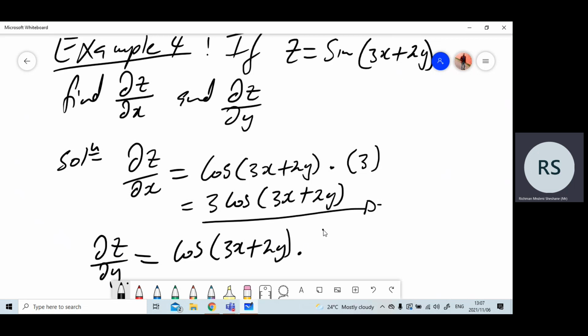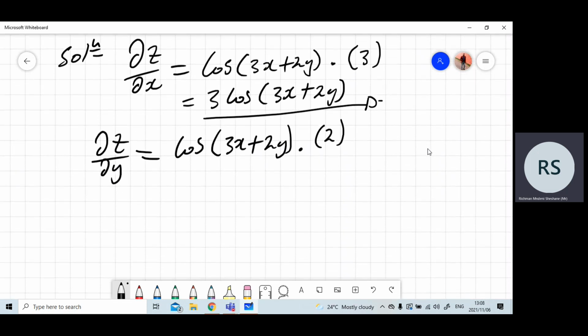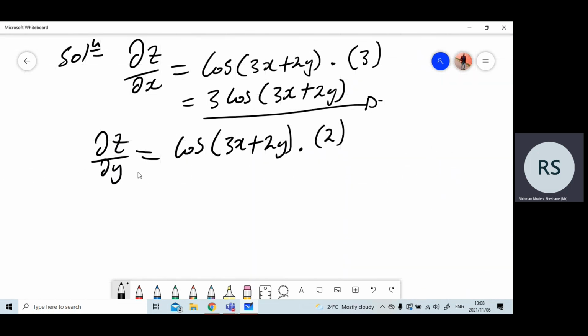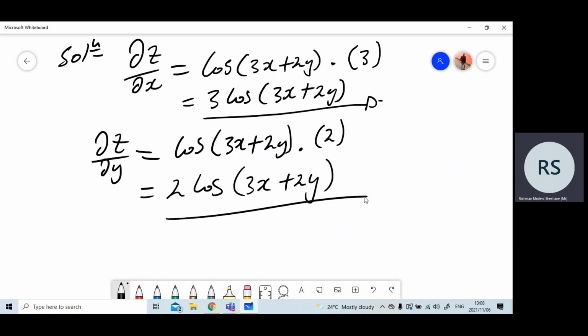So it's going to be 2, because the first term is a constant, x is a constant. The derivative of a constant is 0 plus the derivative of 2y is 2. So this is the derivative. And we can simplify this and say this is just 2 cos of 3x plus 2y. Okay.